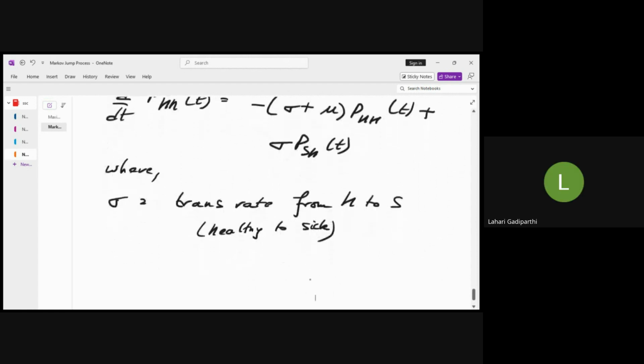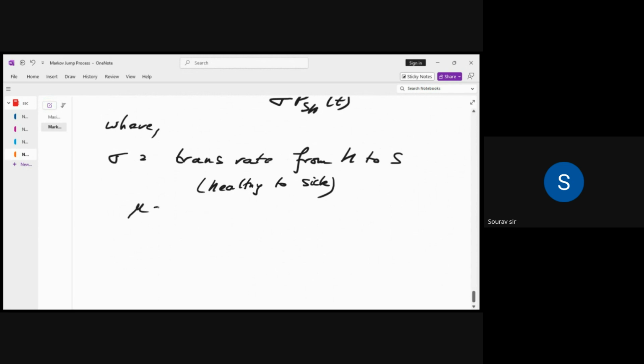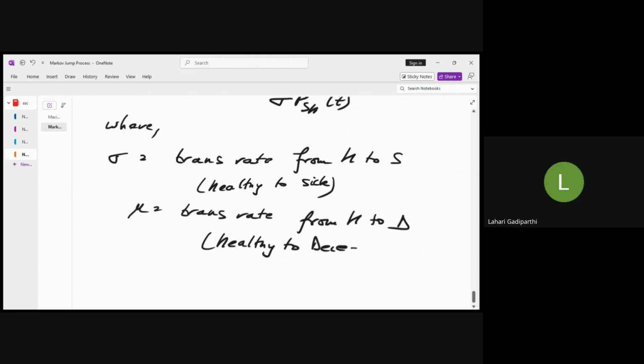Now mu is what? Mu is the transition rate from H to D. So that is healthy to diseased.